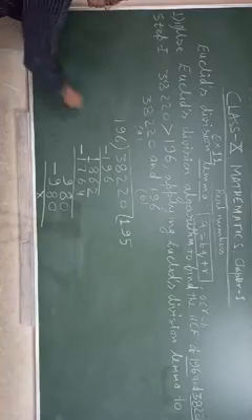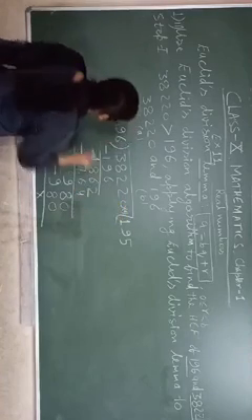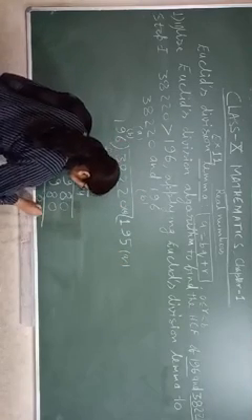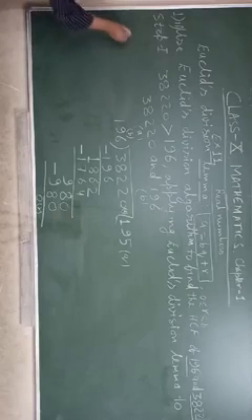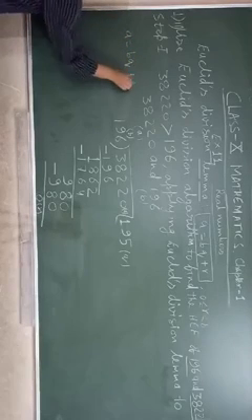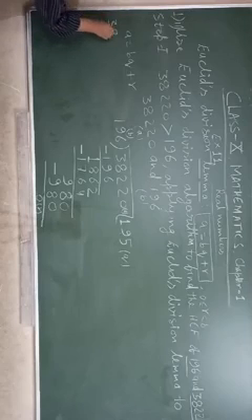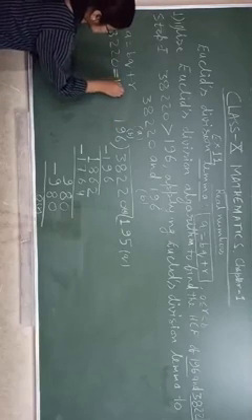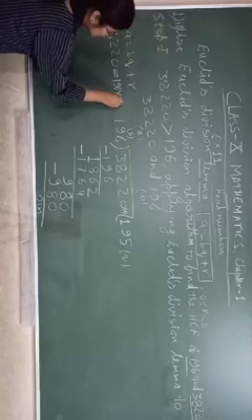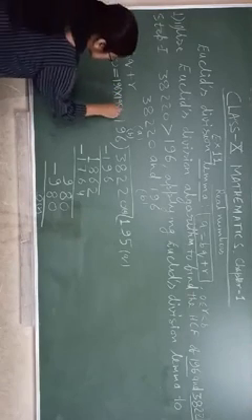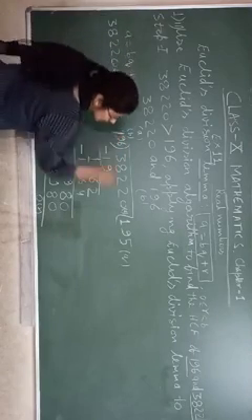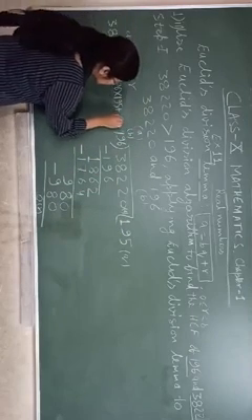So how will we write the equation? This is A, this is B, this is Q, and here the remainder is 0, so this is R. The equation is A equals BQ plus R. So A is 38,220 equals B, 196, into Q, 195, plus R, here 0.